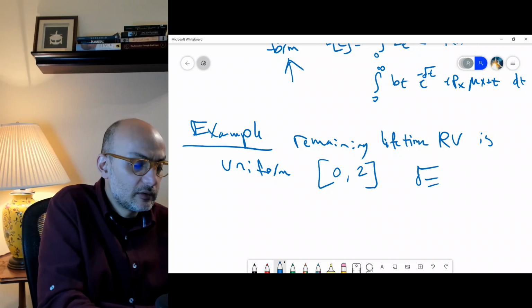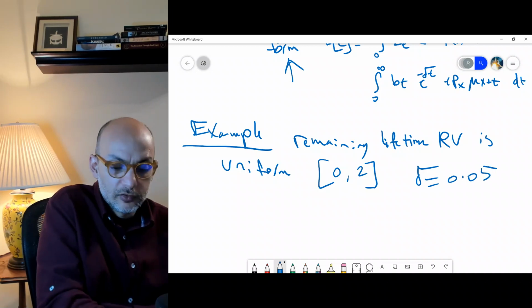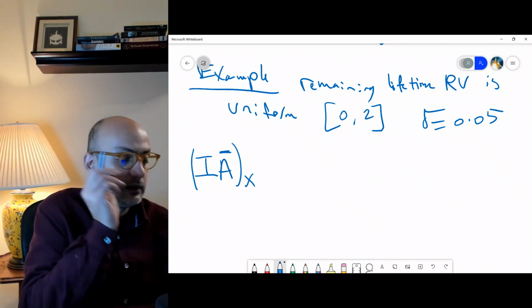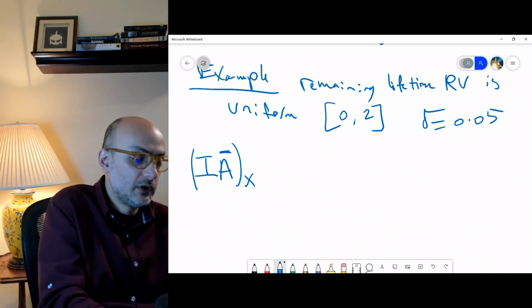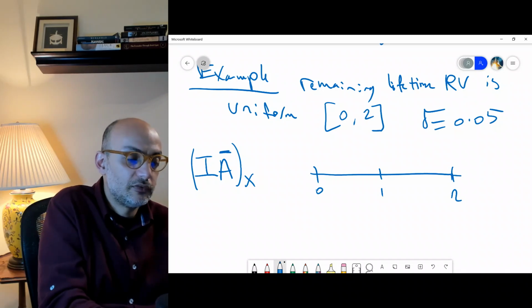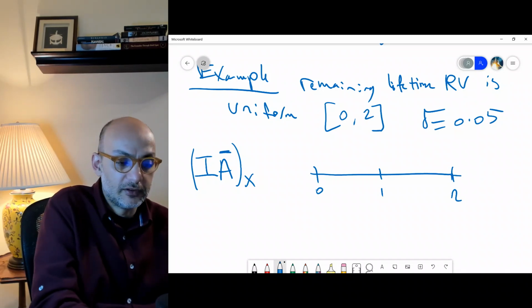Delta is 5%. So let's try first to find (IA)x. If you want to visualize it, here you have 0, 1, 2. The good thing is that the life is uniform over 0 to 2, so that's easy for us.